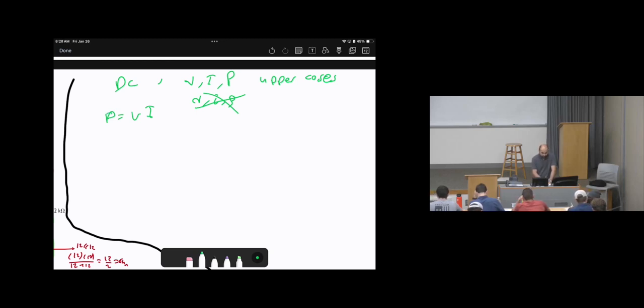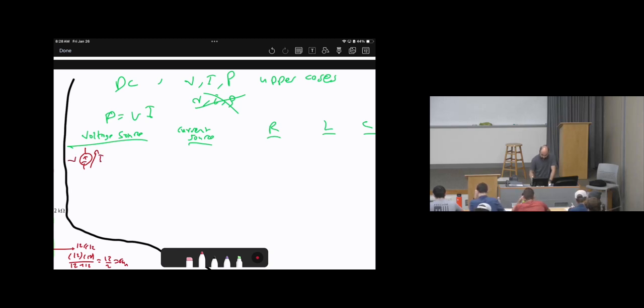Now, let's talk a little bit about the circuit elements that we have. We have voltage source. We have also current source. We have resistor, inductor, capacitor. For voltage source, most likely we need to make sure the current is leaving the positive.